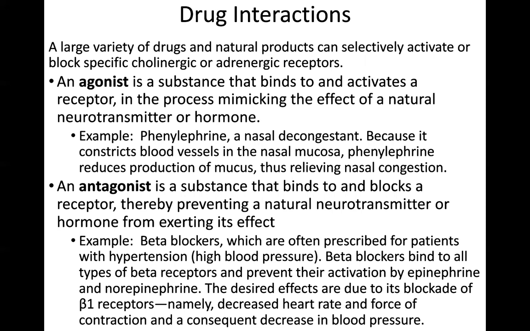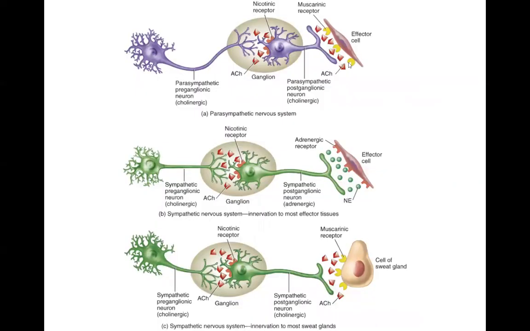We can throw them into two categories, those that are an agonist and those that are an antagonist. An agonist is a substance that binds to and then activates a receptor, which basically means that it's going to mimic the effect of the natural neurotransmitter or the hormone. So in other words, it's a chemical that, instead of being acetylcholine, binds to this receptor and triggers that cell to do whatever acetylcholine would do naturally.